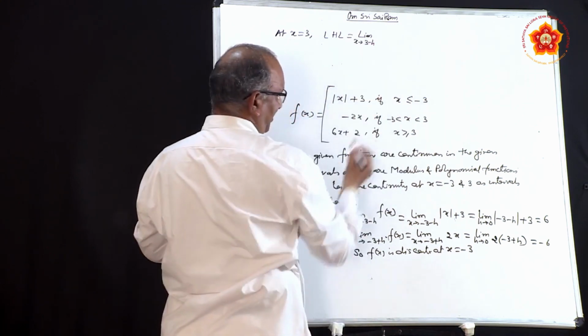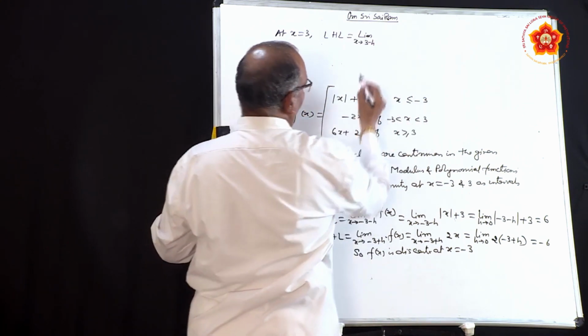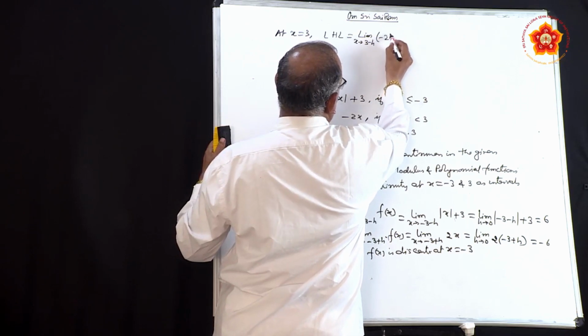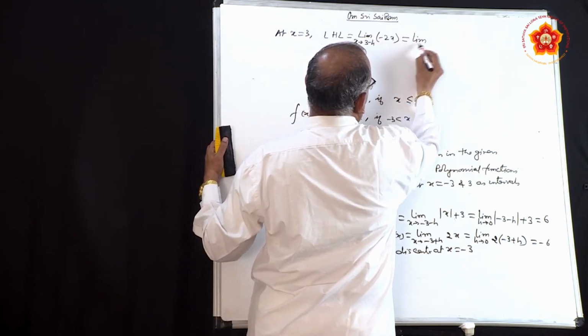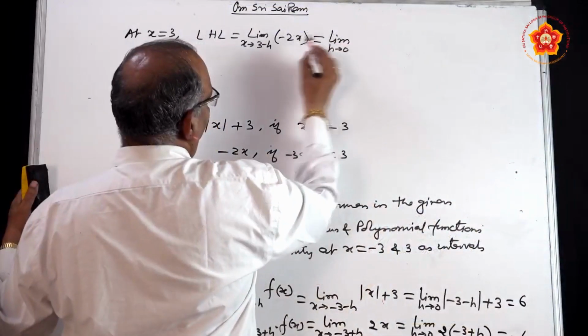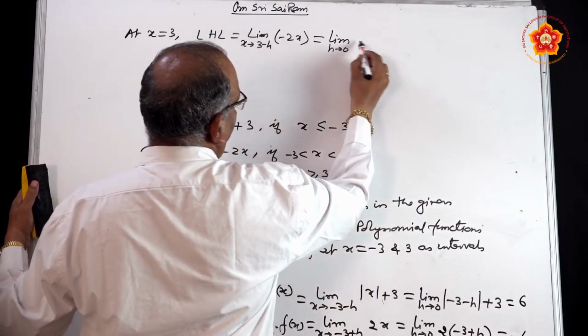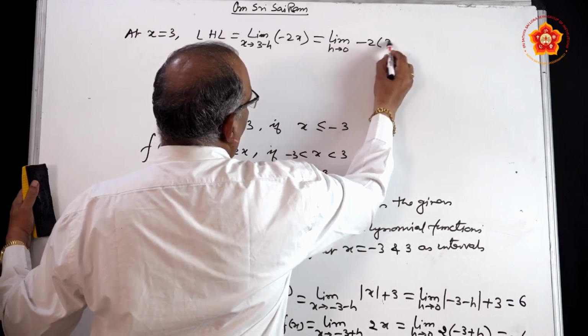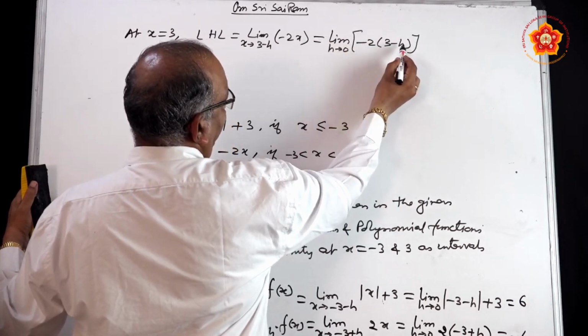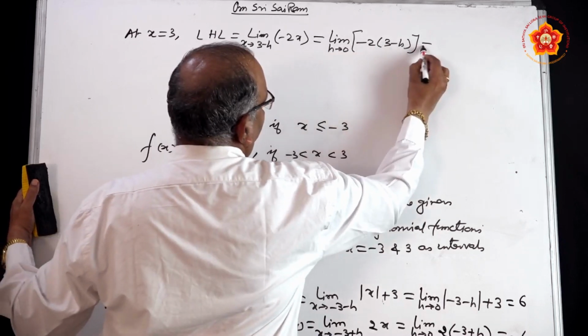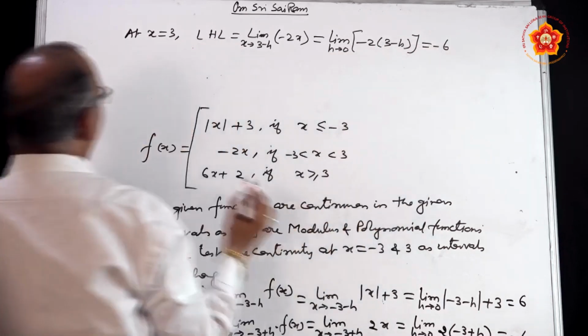If it is less than 3, the function is minus 2x. Proceed, limit h tending to 0. In place of x, you write 3 minus h. So minus 2 into 3 minus h. And then proceed to the limits, h tending to 0. You get the answer minus 6.